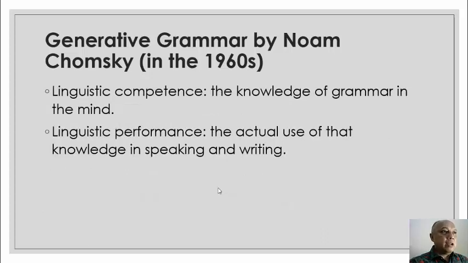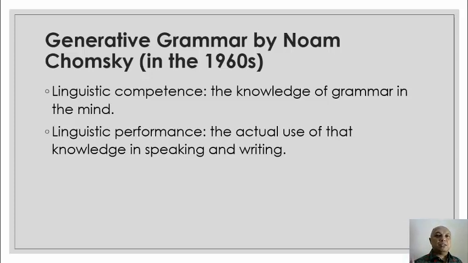Still about generative grammar, Chomsky differentiates between linguistic competence and linguistic performance. Linguistic competence is the knowledge of grammar in the mind. Linguistic performance is the actual use of that knowledge in speaking and writing. So as I'm speaking now, it's my linguistic performance. It's my actual use of the rules of language in producing speech.